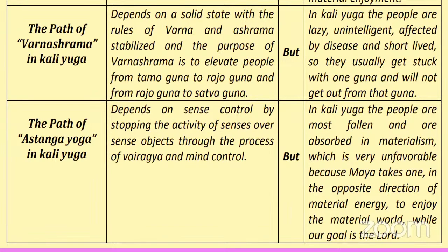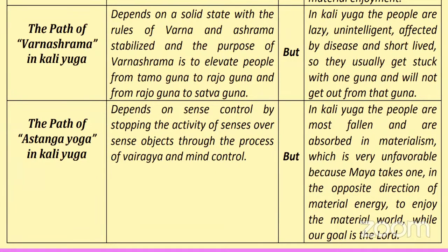All these are very difficult these days for us. How can we stop our activities of the senses and our sense objects, and how can we have Vairagya and mind control? These things these days nobody can follow.